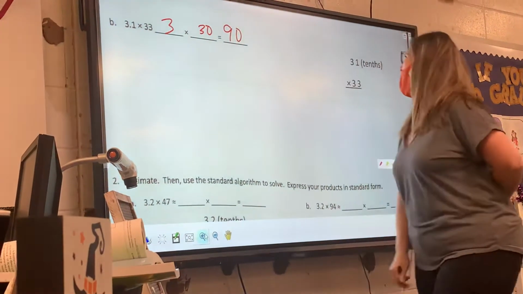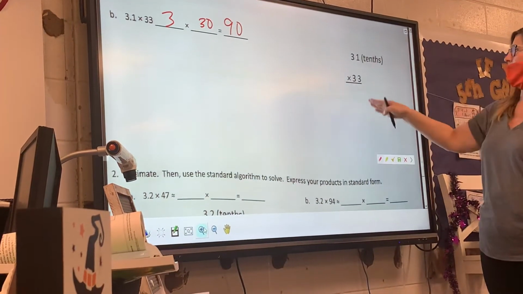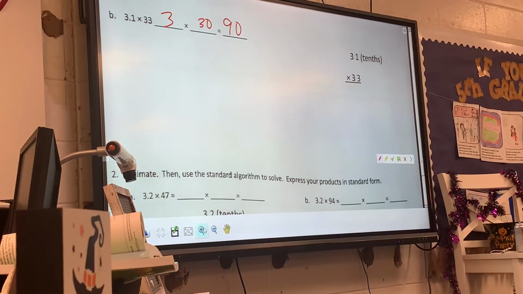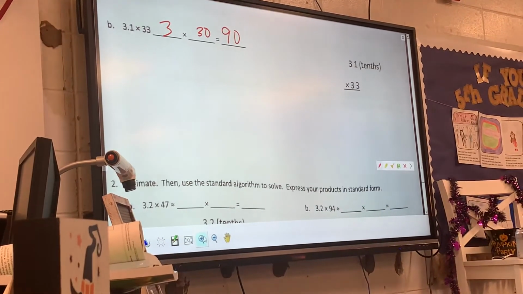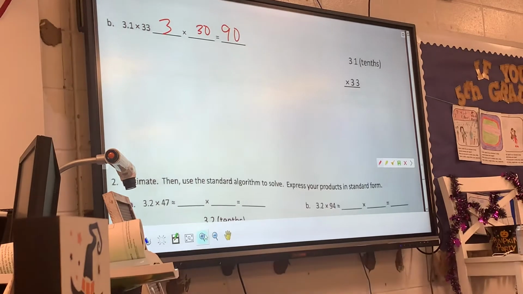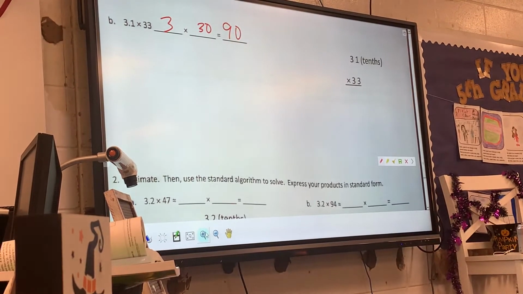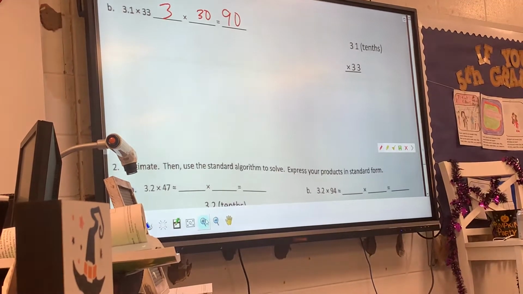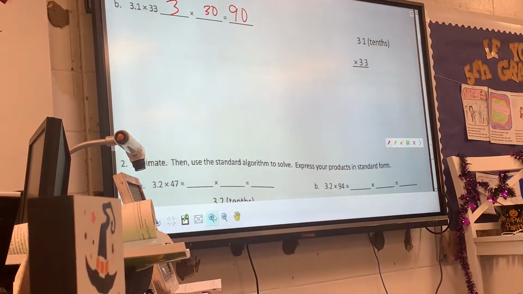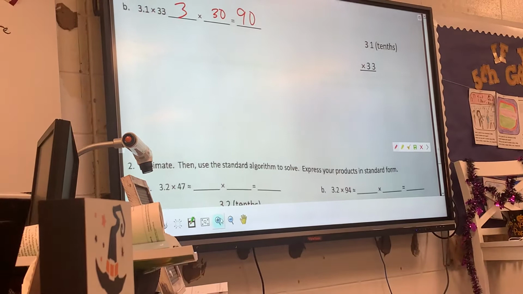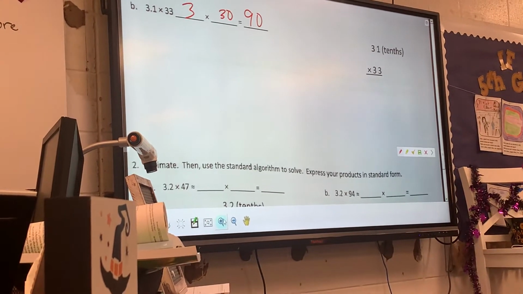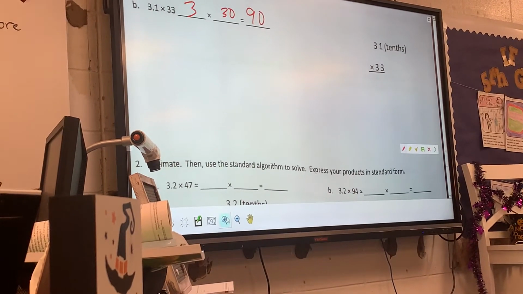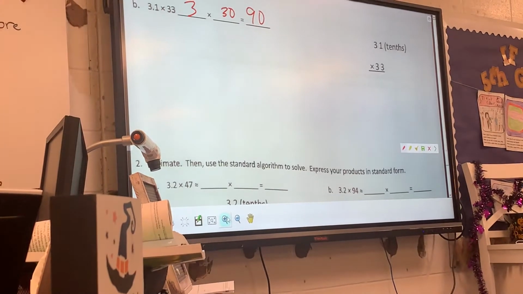Okay, good. All right, I want you to work 31 times 33, which is 31/10 times 33, standard algorithm. And if you forget to put that decimal at the end, it is what? Wrong. It is wrong. If you forget to put that decimal at the end, it is wrong.